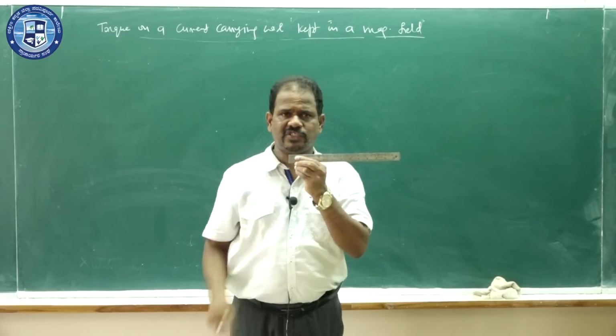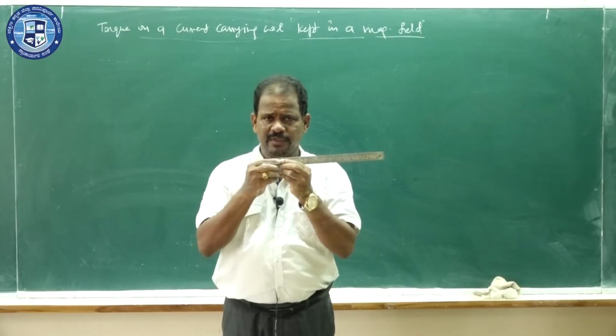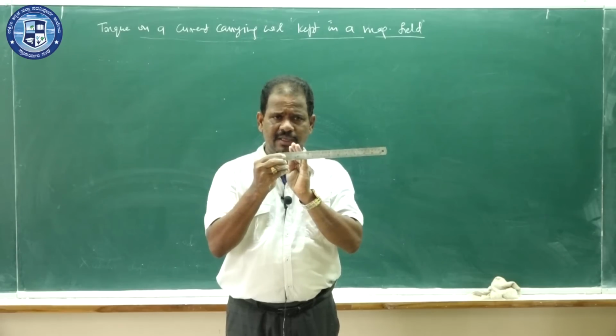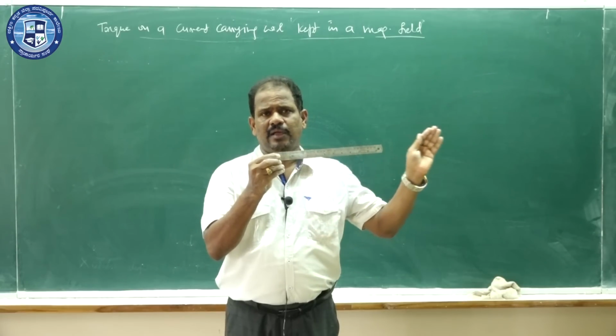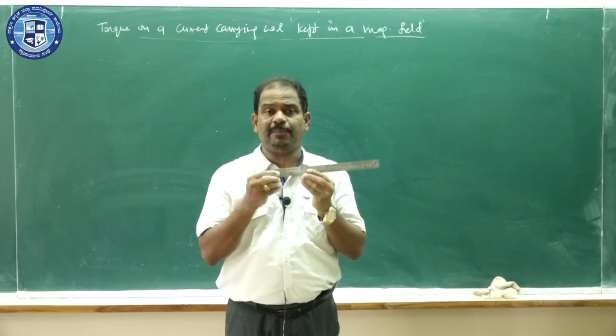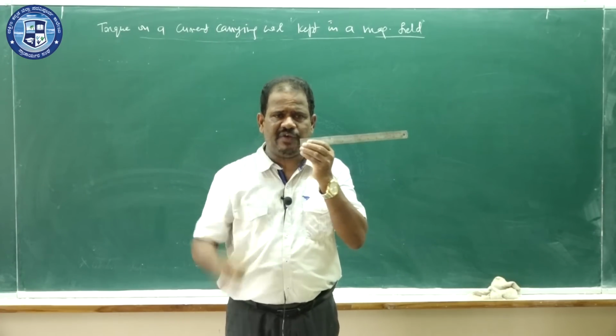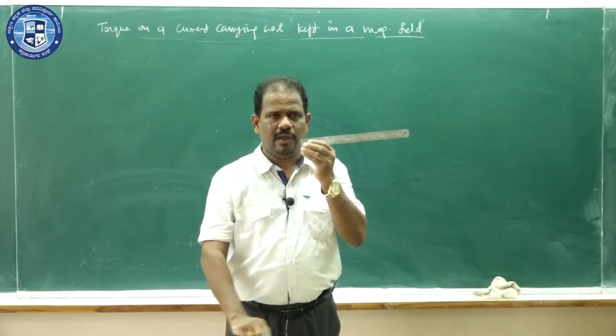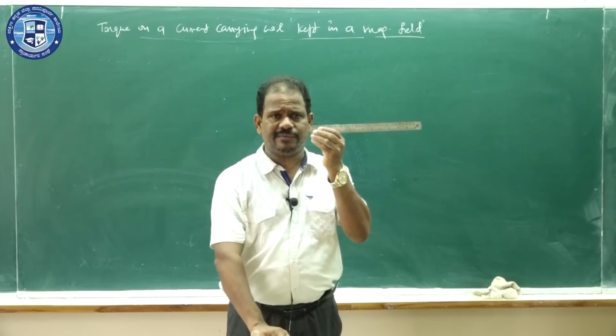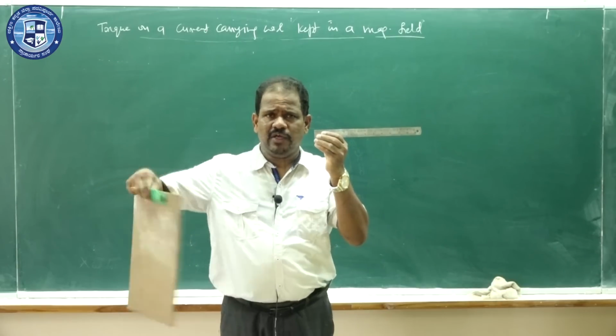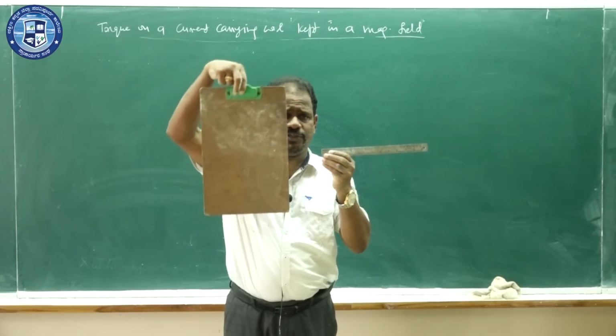This is the direction of the magnetic field. For me, it is towards my left. That means for you, right. For you, the direction of the magnetic field is right. This is a coil which carries current.